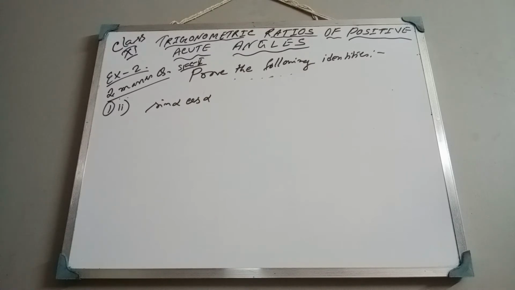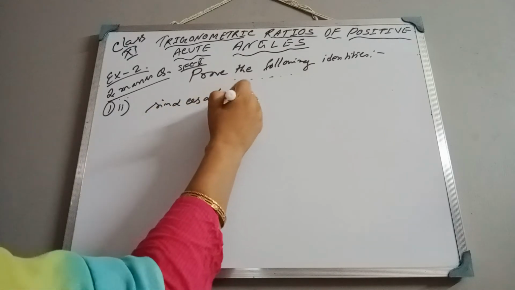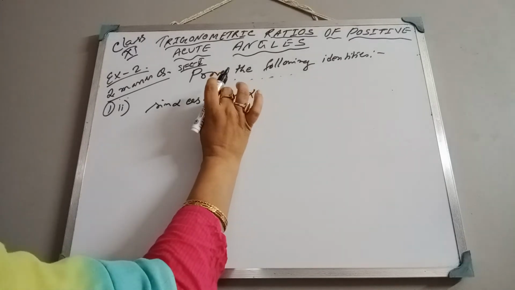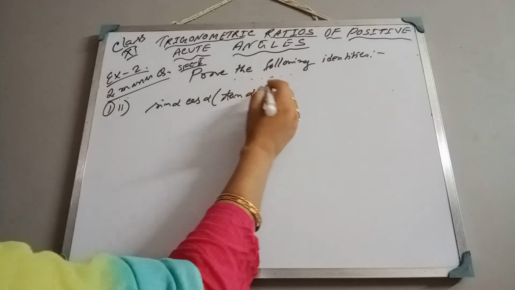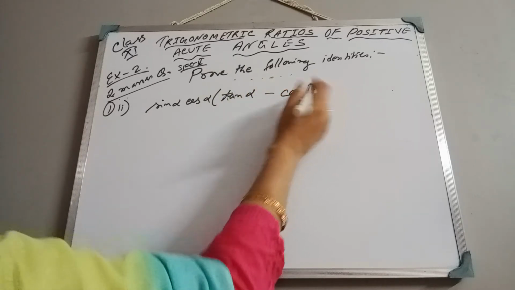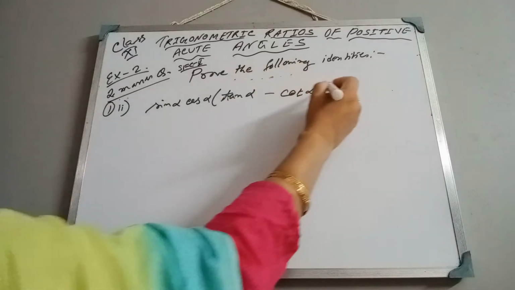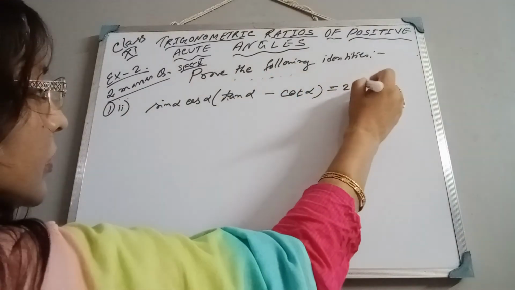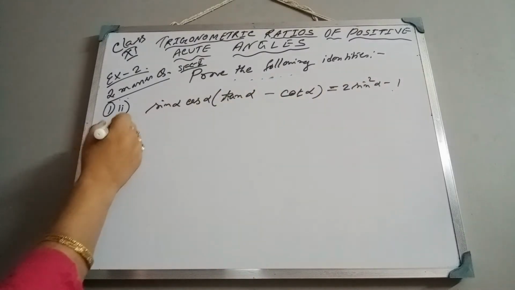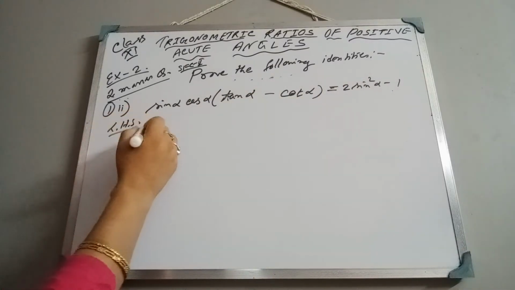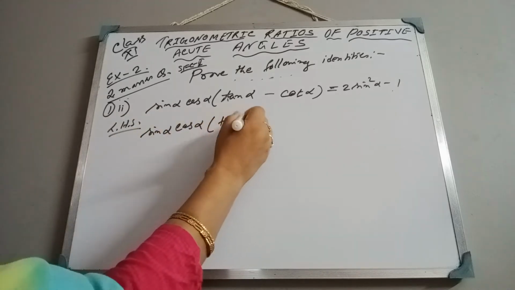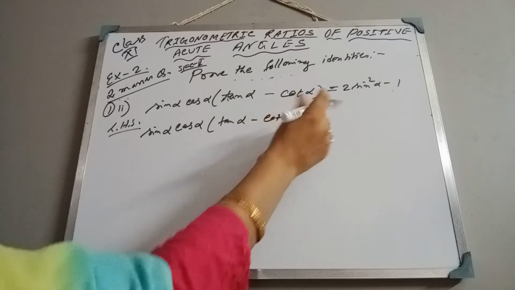Sin alpha into cos alpha into tan alpha minus cot alpha is equal to 2 sin square alpha minus 1. So LHS equals to what? Sin alpha into cos alpha, tan alpha minus cot alpha.